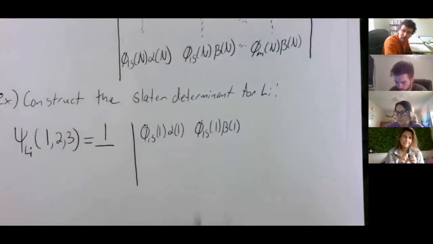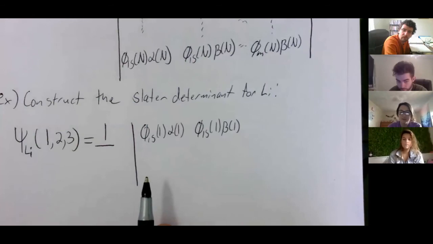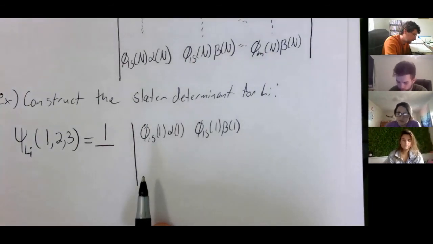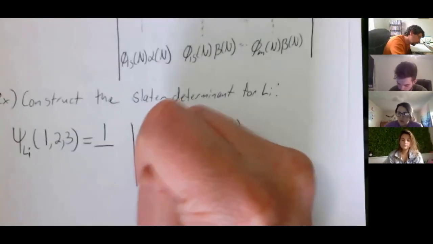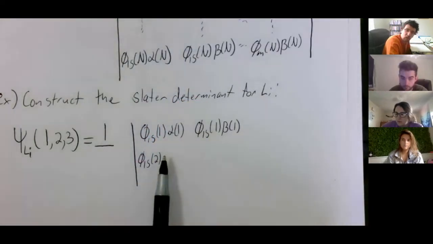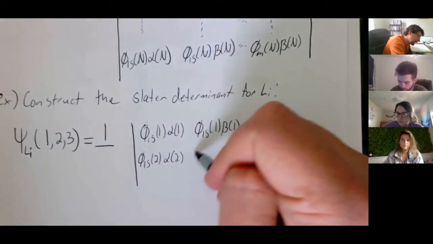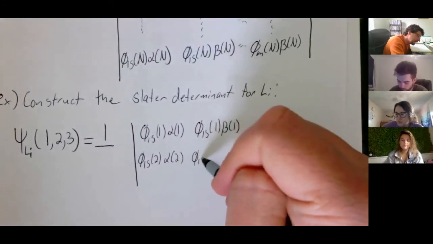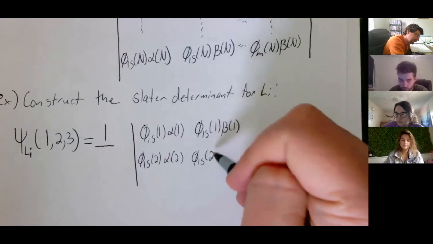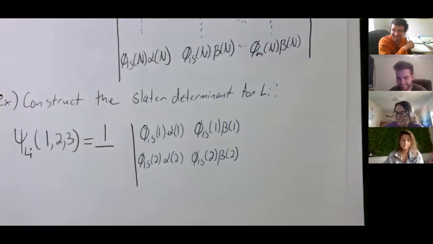Can anyone tell me any other terms? It will be the same thing underneath. It will be phi 1s, 2, beta 2. Where's that one alpha 2 gonna go? It'll be alpha. And then we had the other one that you said. What were you saying, Tara? Nothing.